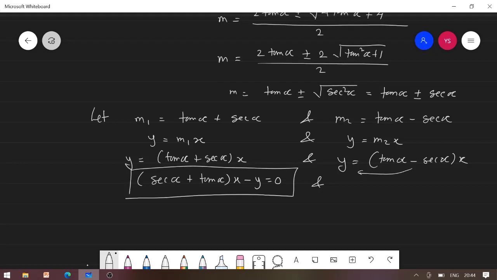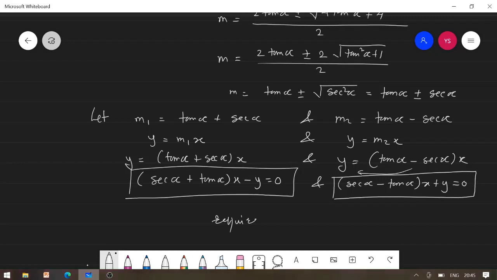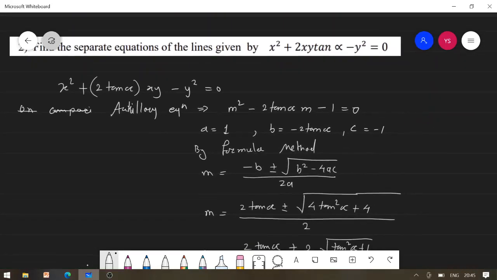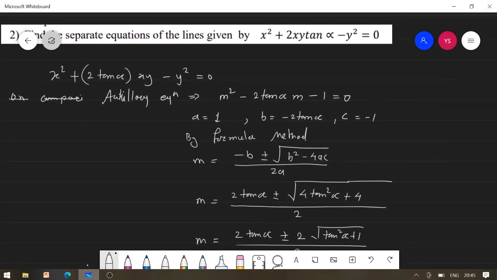On distributing minus sign over the bracket, we might get positive (sec alpha minus tan alpha) times x plus y equals to 0. These are the required equations of lines, whose combined equation we have given: x square plus 2xy tan alpha minus y square.